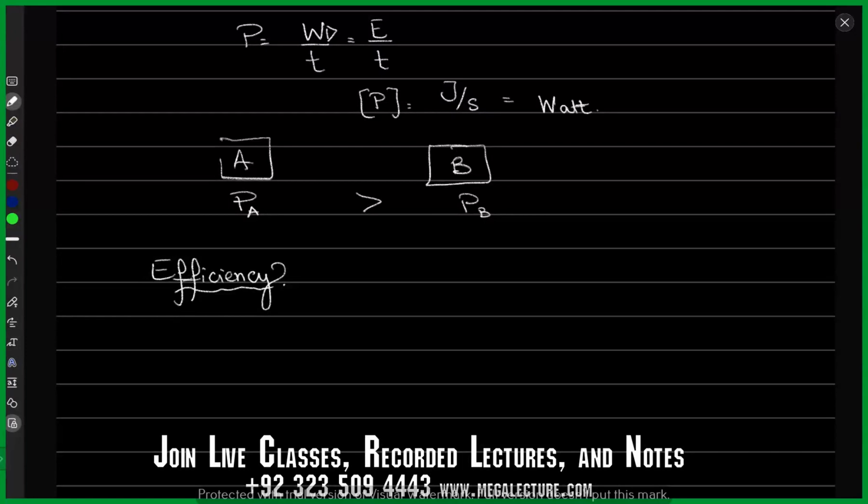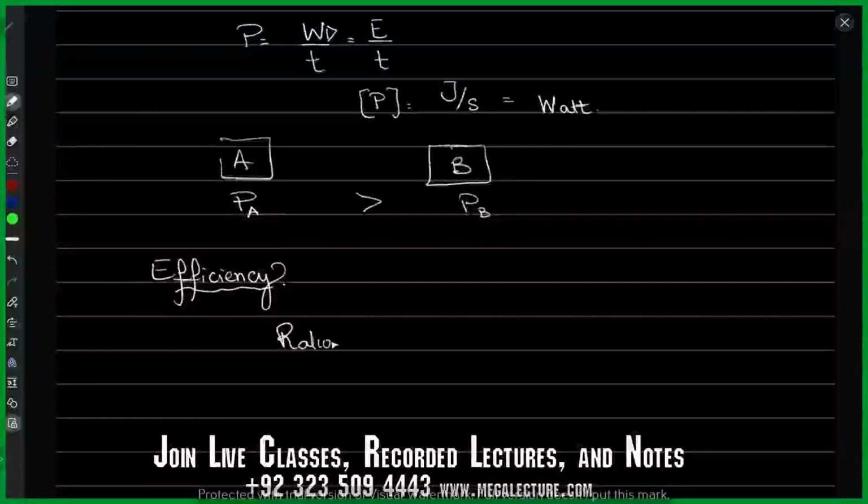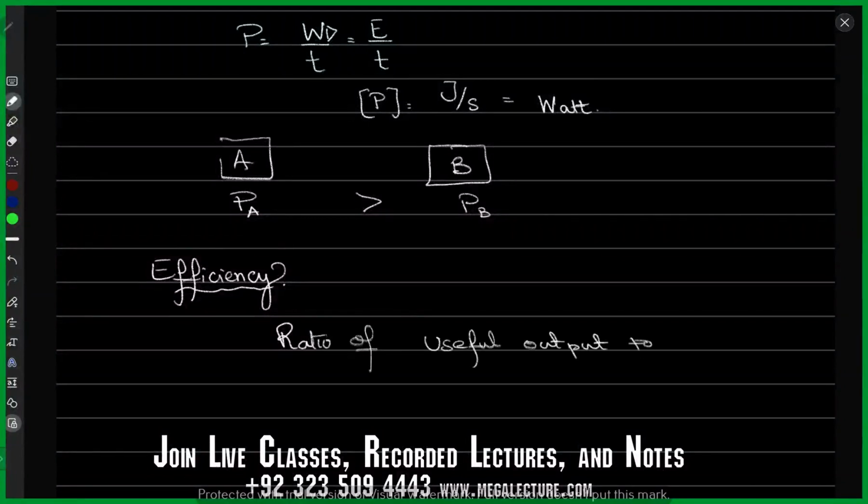So that's where efficiency comes in. The only important variable is not how much output I can get from a machine, but the efficiency, how much useful output I can gain from a machine. So then efficiency is just a ratio of useful output to the total input, the total energy that I'm giving it, right?